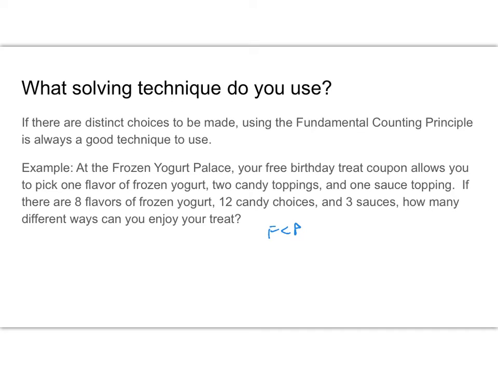So you've got choices to make here. You've got the froyo, the candy in the middle, and then the sauce at the end. We're going to come back to this in a little bit and see if we can solve this. But let's move on for the moment.